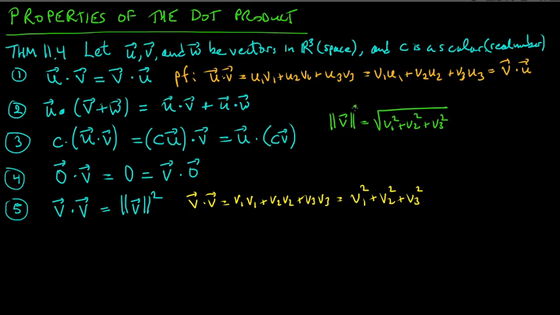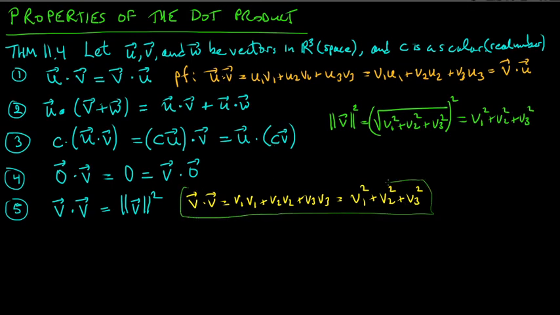So when you square that, you get rid of the square root, and you just get v1 squared plus v2 squared plus v3 squared, which is exactly the same as the dot product of the vector with itself. So that just shows that this is the same as the magnitude of v squared. Or just take the magnitude of v as a scalar, squared. Okay.